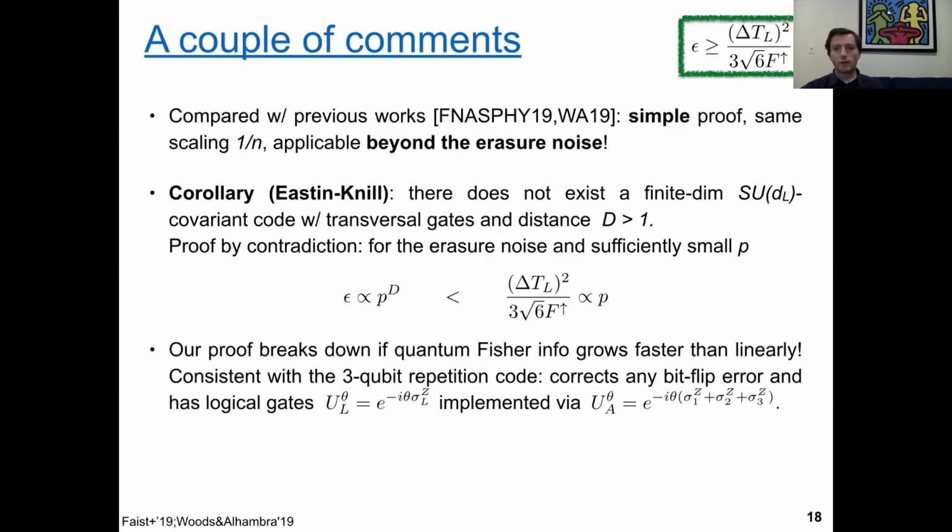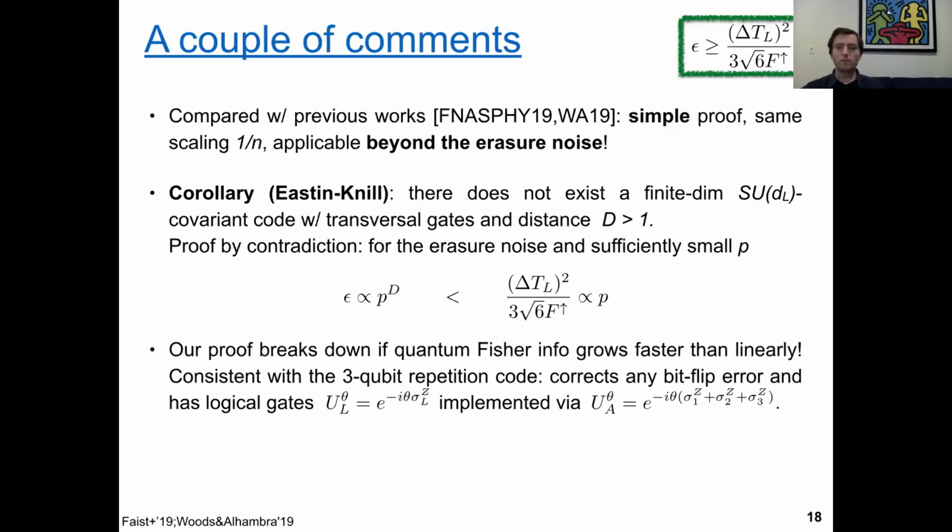Also, I would like to remark that our proof breaks down if quantum Fisher information grows faster than linearly, and this is all good. Our proof had better break down in that case, because there exists the 3D qubit repetition code, and this code corrects any bit flip error, but at the same time has logical Z rotations implemented in a transversal way.